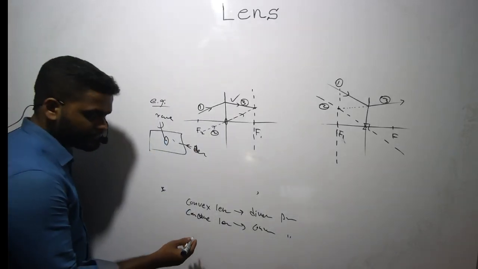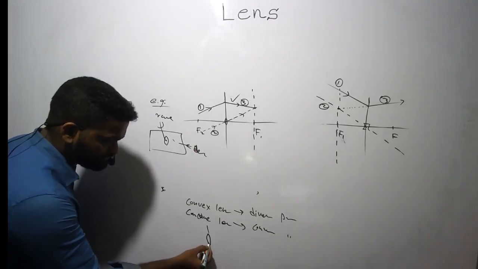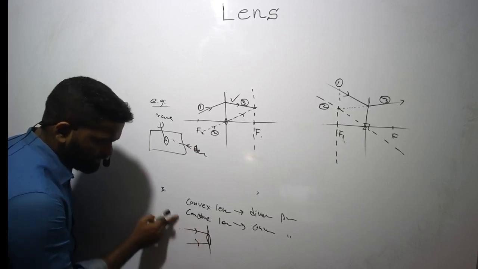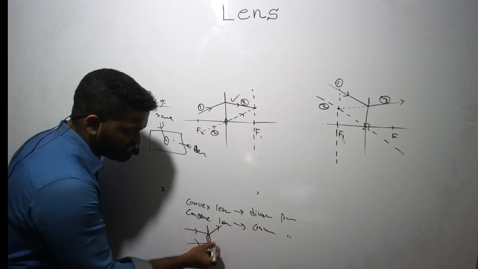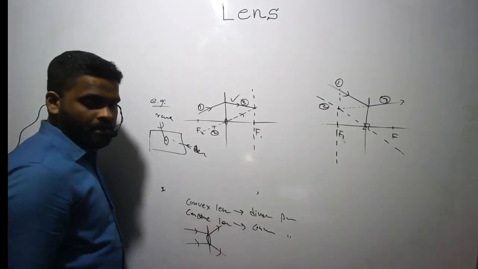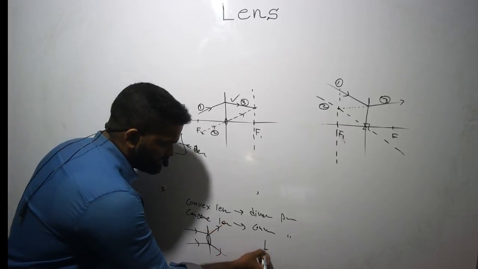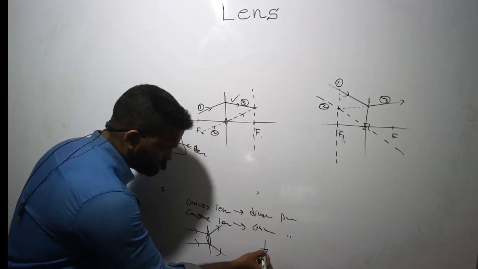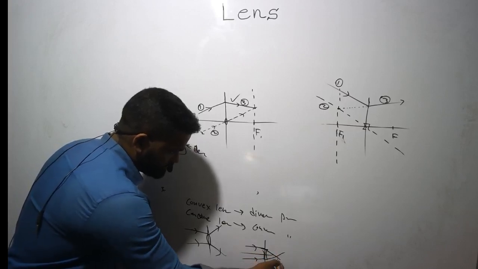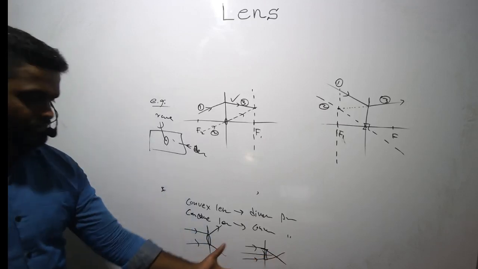So this is what happens. Below that you can draw this. You have a convex lens, but it shows diverging properties because the medium is denser. Understood? Diverging. Then this behaves as a convex lens because the medium is dense. Draw those two.